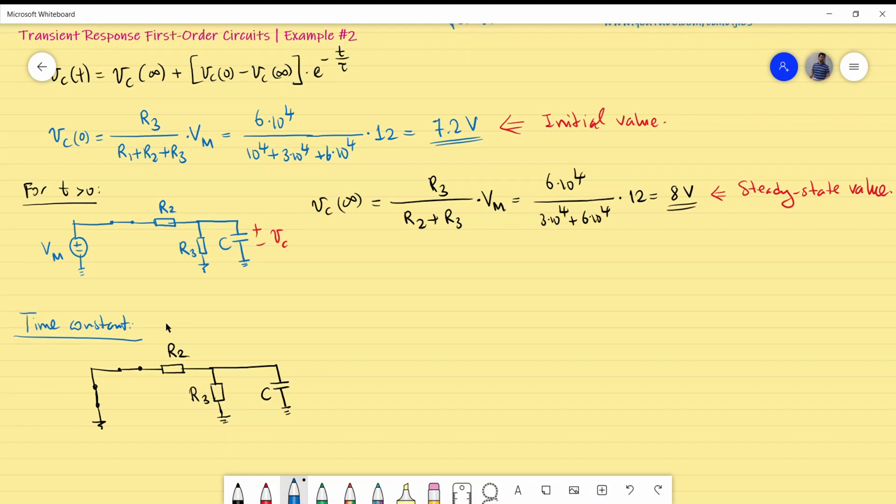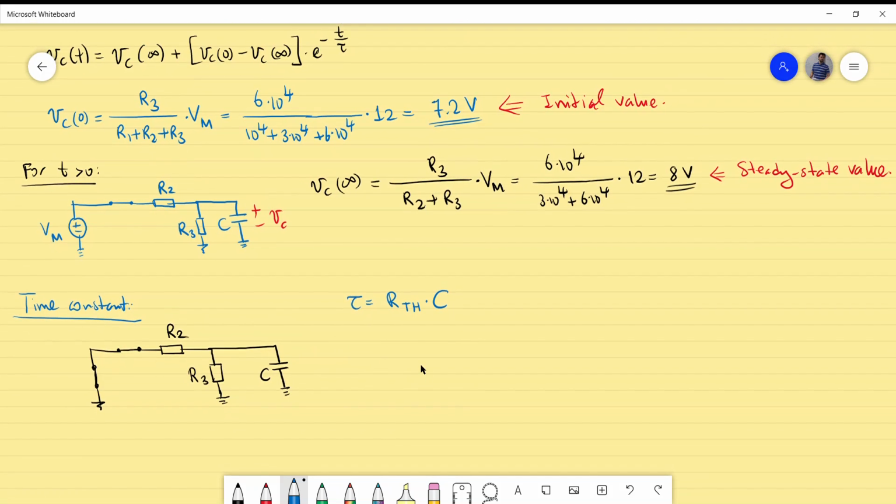So what we need for calculating the tau is the Thevenin resistance seen by the capacitor C times the capacitor value C. But what is actually the Thevenin resistance? Now, Thevenin resistance is looking between these terminals, is again looking in this way to the left. That is actually our Thevenin.